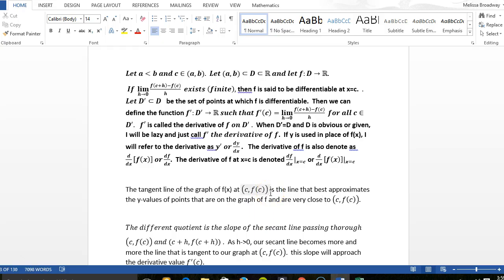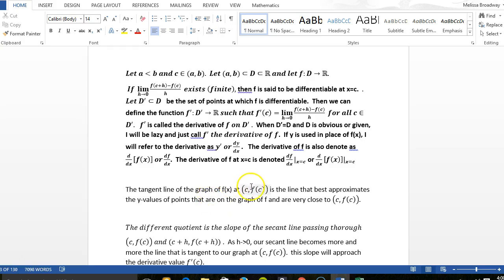If we insist on a line passing through c, f of c, the line that does the best job of approximating points close to c, f of c while still passing through c, f of c is the tangent line. Any other line might be pretty good, but it won't be as good as the tangent line.